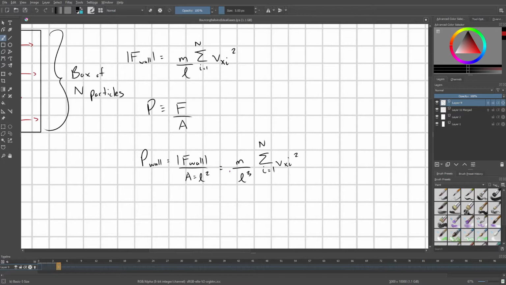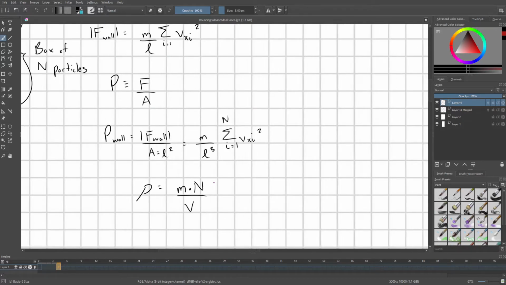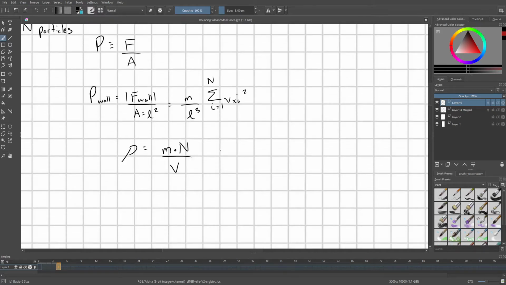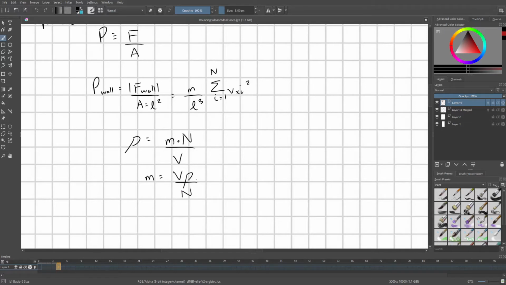All that we have to do is we know that density would be the total mass, so I'll just say m times my number of particles. That would be the total mass of the gas in the box divided by the volume. And so what this tells us is that m equals V times rho divided by n.